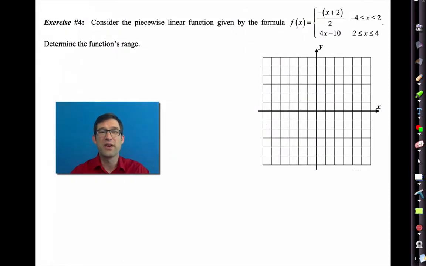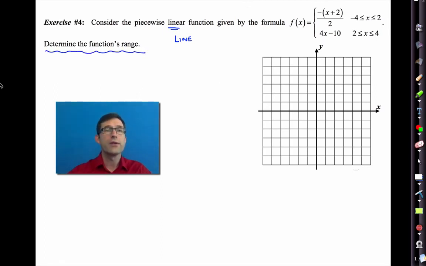Let's take a look at a piecewise function. All right, piecewise linear, again, linear just means a line, okay? Ooh, looks complicated, but don't let this fraction scare you off. It won't be too big of a deal. The question just simply asks me to determine the function's range.